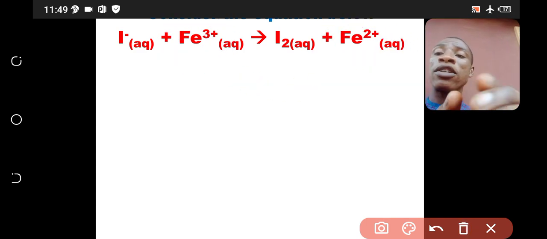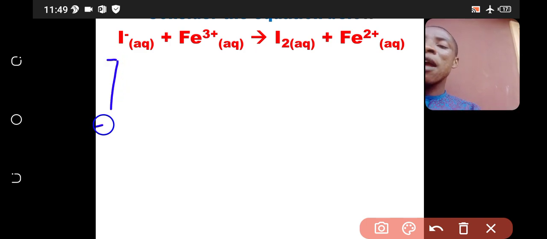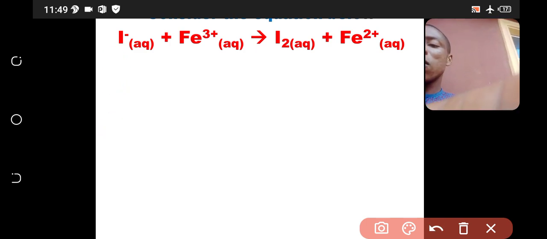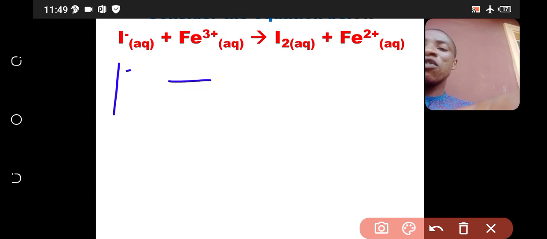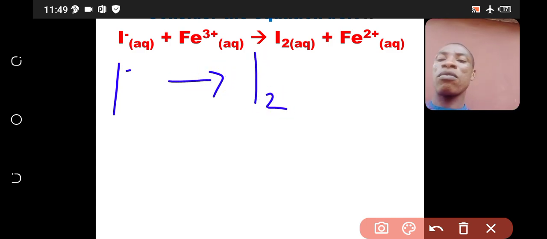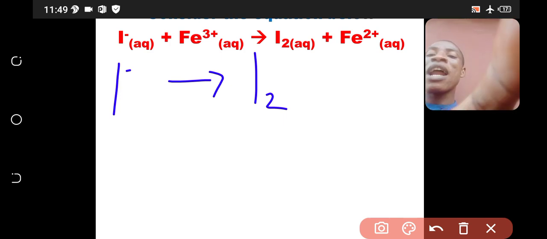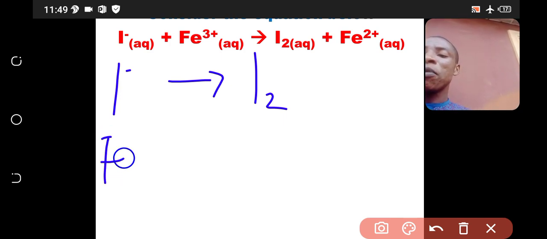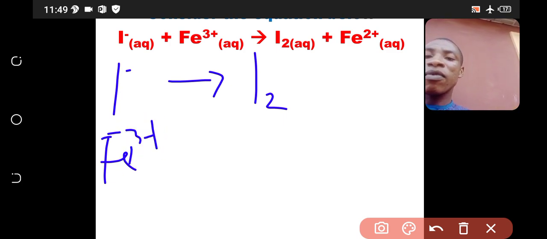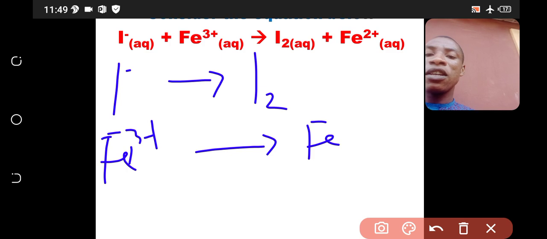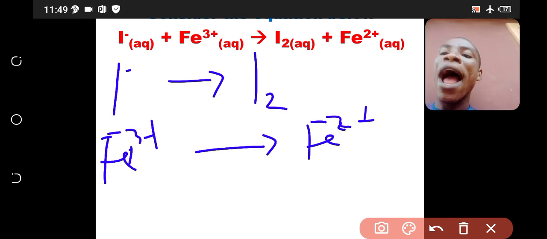So I'll start with the I minus. I minus gives us I2. Balance the atoms first. Let me write the second equation too: Fe3+ gives us Fe2+. Right now I want to balance the I minus to I2.